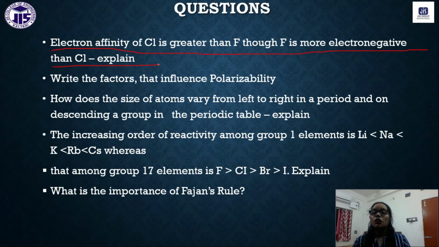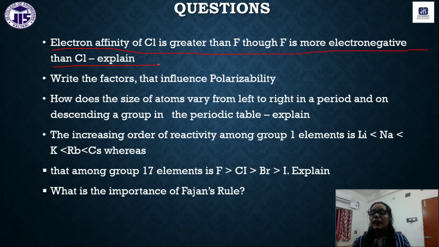Why? Because of the charge to mass ratio. For the fluorine, the size is very small and charge density is very high. That is why adding one extra electron in the outer orbital of the fluorine is much more difficult than for the chlorine atom. So this is the clue for this question.